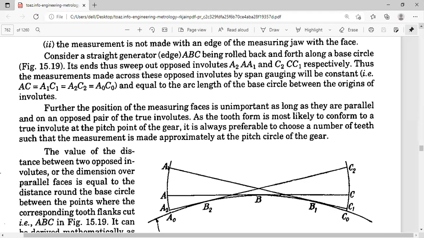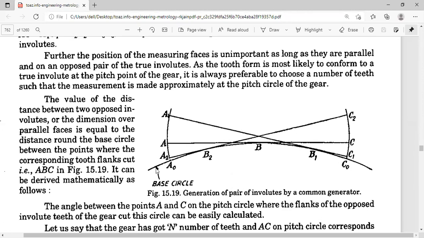It is being rolled back and forth, just like a roller. It will be going forward and backward along a base circle. So this is the base circle, what I'm just showing.